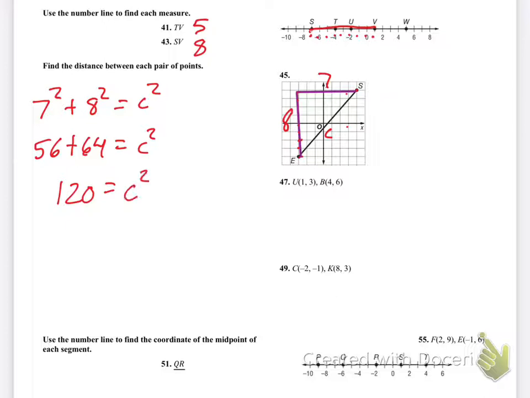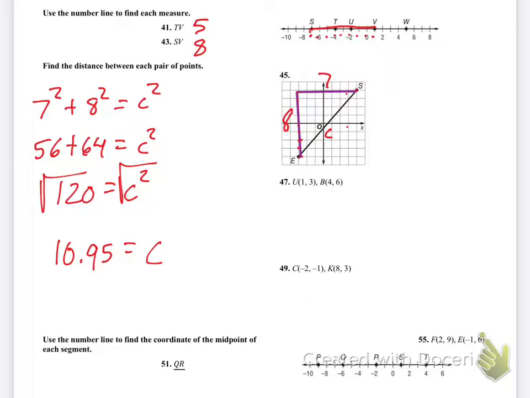It's equal to C squared, but I'm just looking for C. So I'm going to take the square root of both of these, and it's going to give me 10.95 is equal to C.